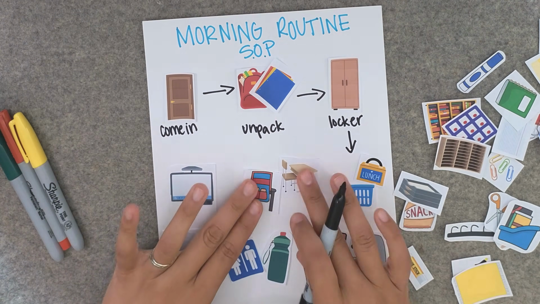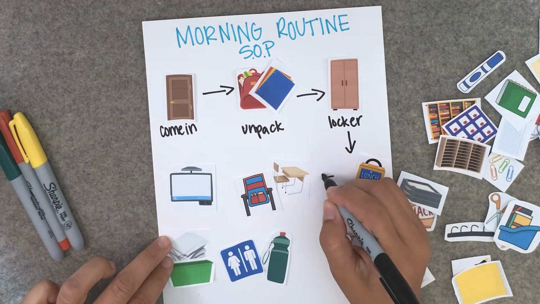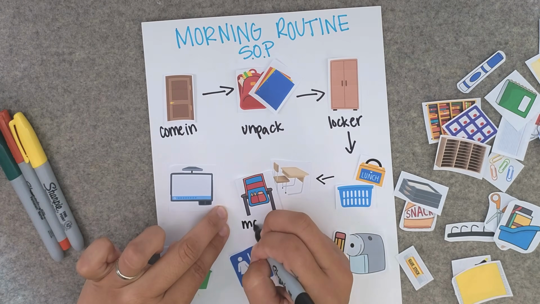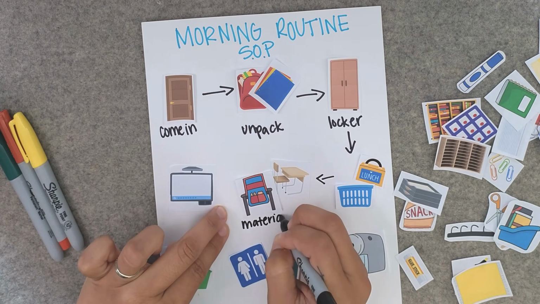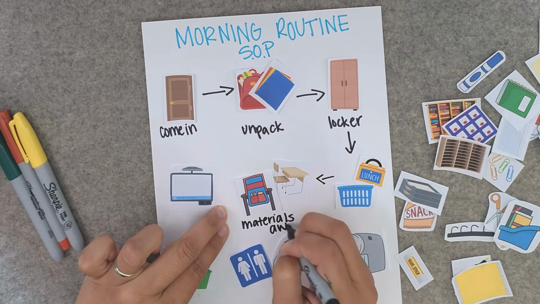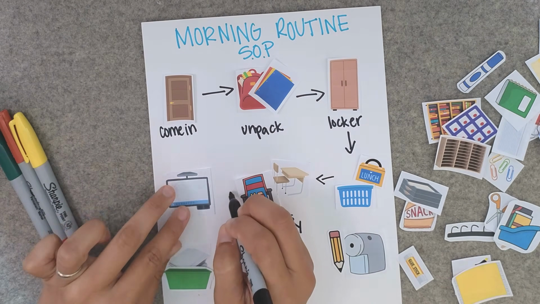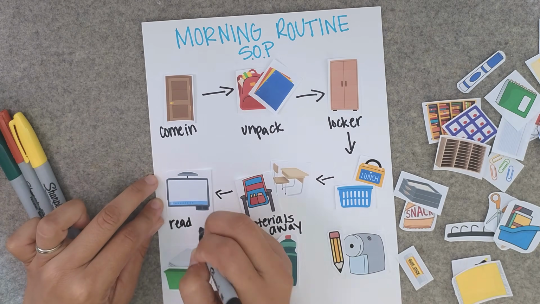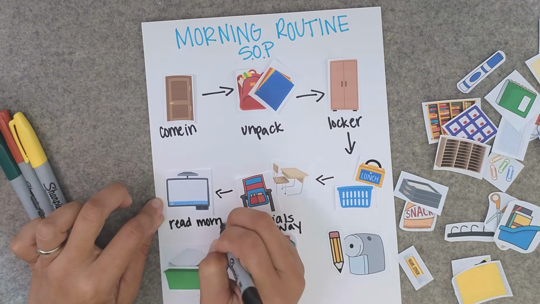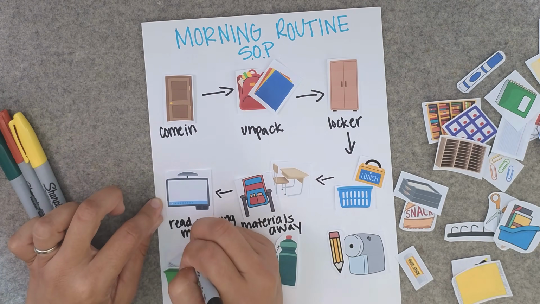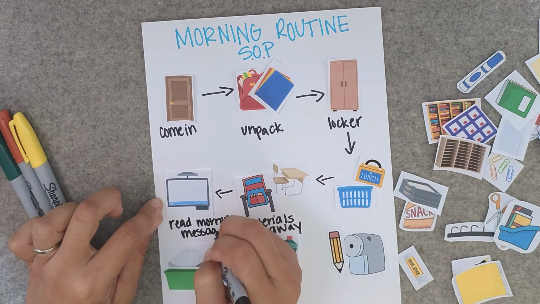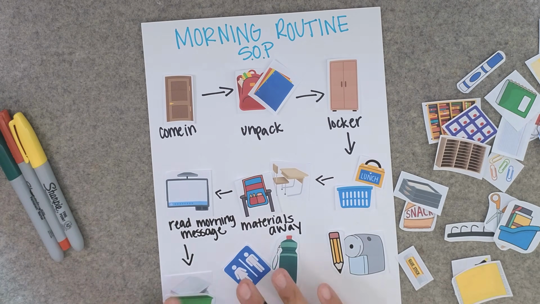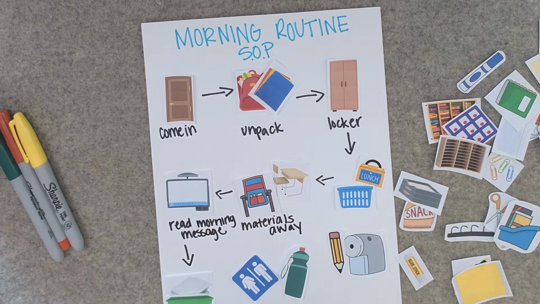That might be a good one as well. So we're then going to put our materials away. We're going to read the morning message. And then we're going to continue building this out.